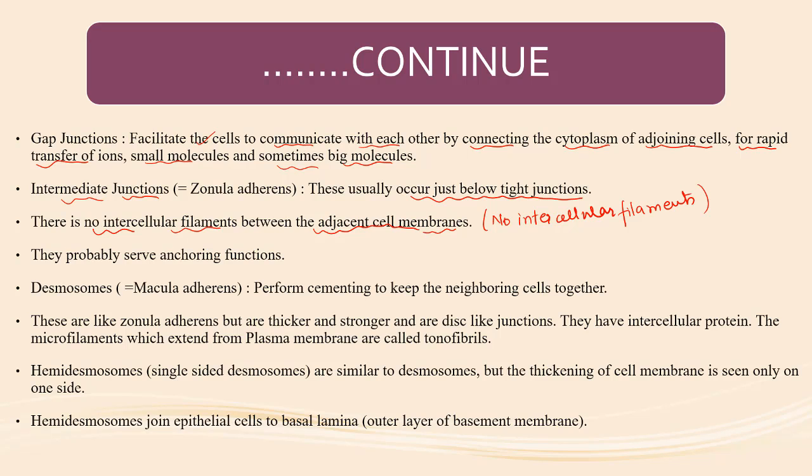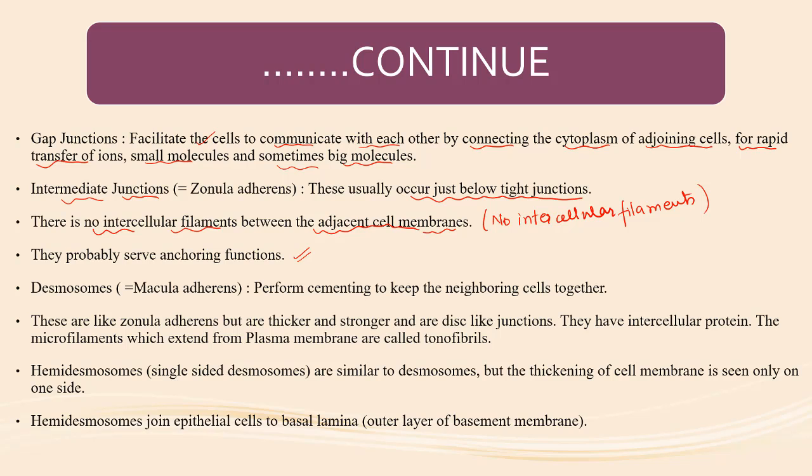They probably serve anchoring functions. That is very important: zonula adherens or intermediate junctions share a very important function. They help to anchor two different structures. That is why it is mentioned that they help in anchoring functions.